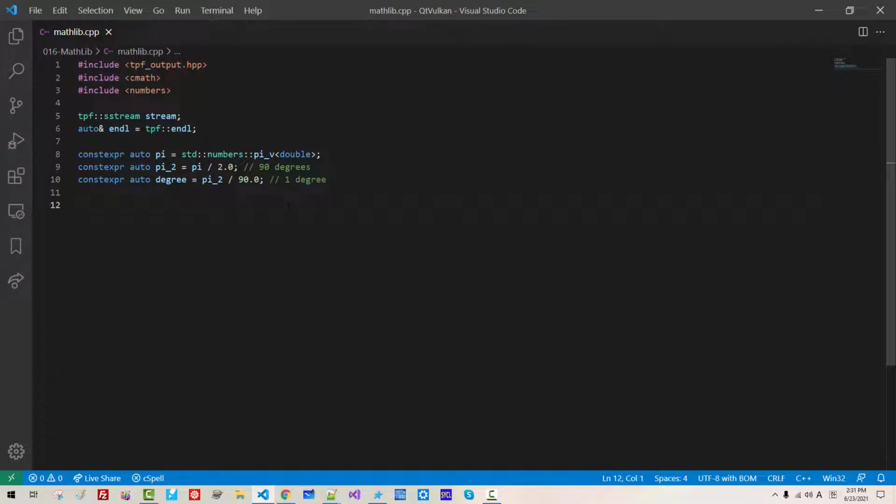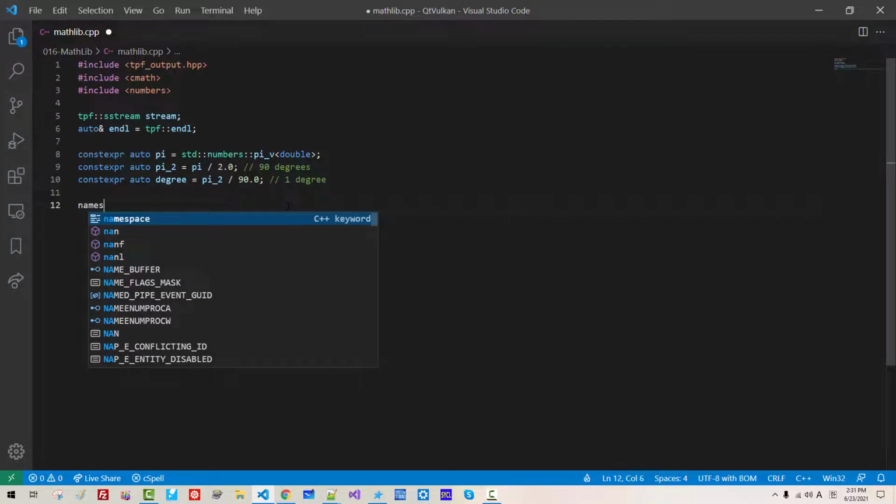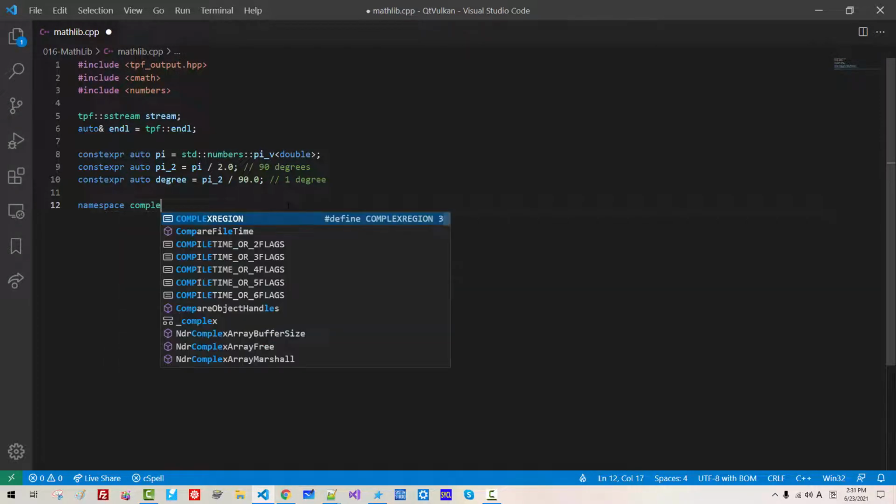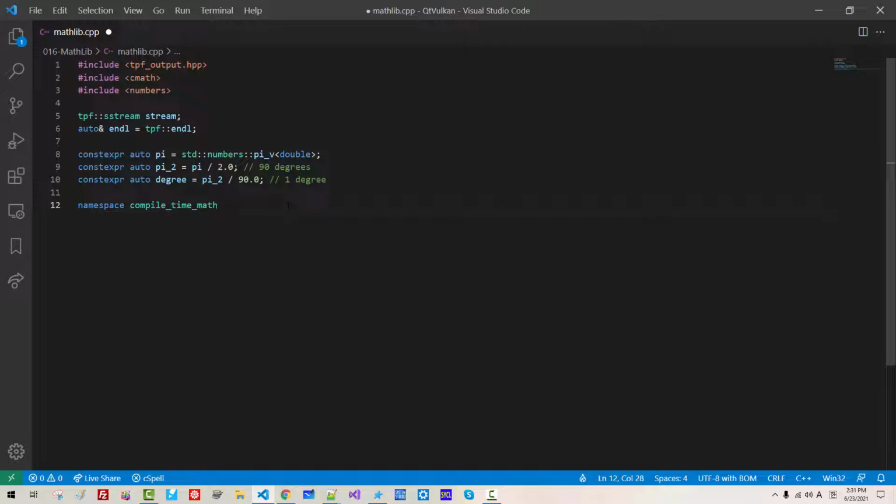We will create a namespace, compile_time_math. End of namespace compile_time_math. constexpr auto small_angle is degree over 10.